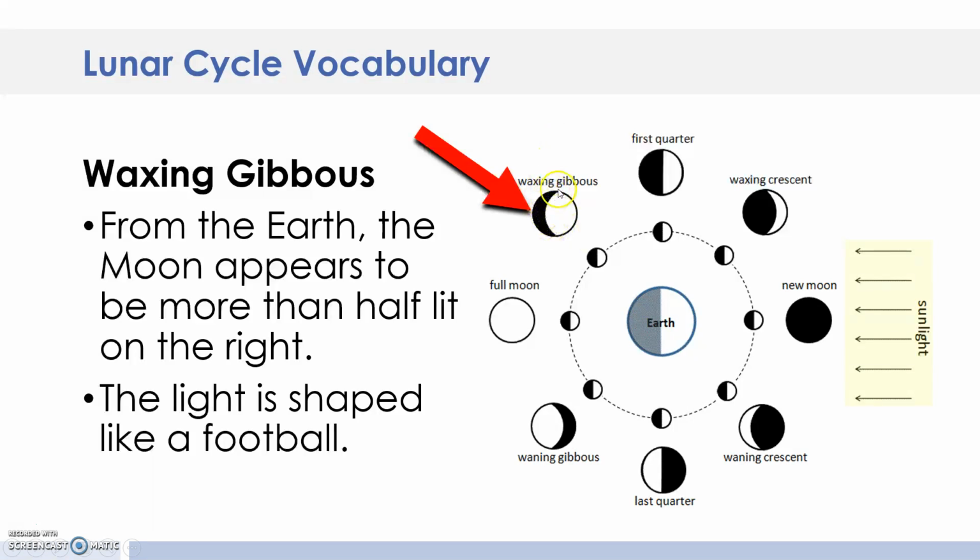It's got that curve to it. It's almost like it's a sliver of darkness now. Instead, they've kind of switched places from the crescent to the gibbous. Because as it's revolved around over here, now we're able to see a bigger portion of that lighted side and just a sliver of the darkness. So remember, this is what it looks like from space. This is what it looks like to us.